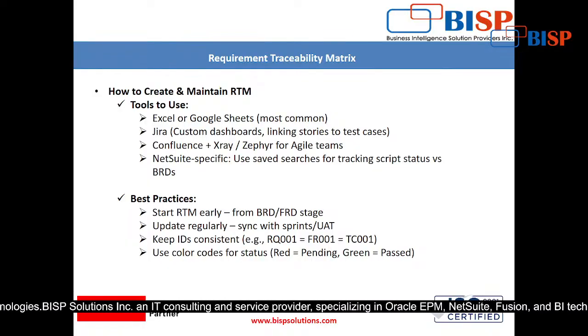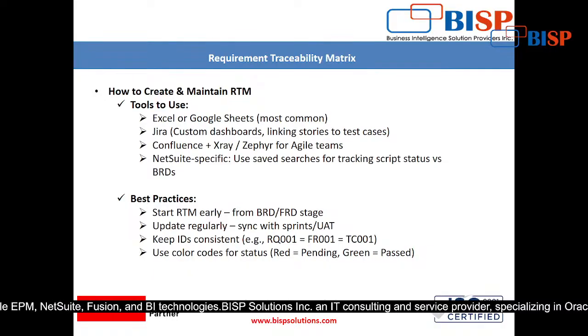Now update regularly means whatever the item or block or construction, whatever the project related task, they should also be updated. Keep IDs consistent, right? You have to keep the ID for every person.